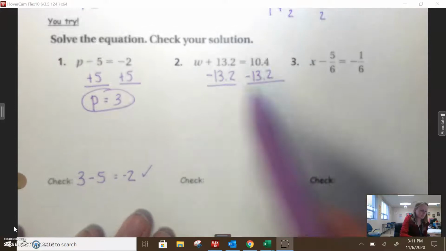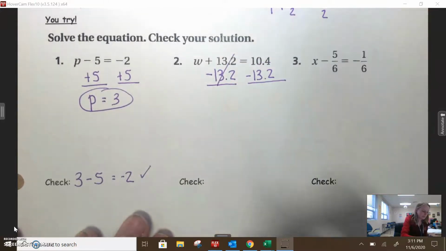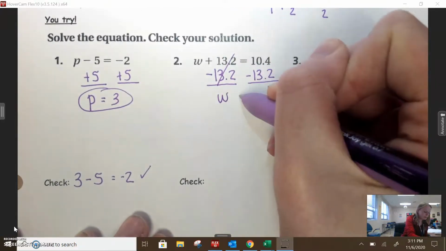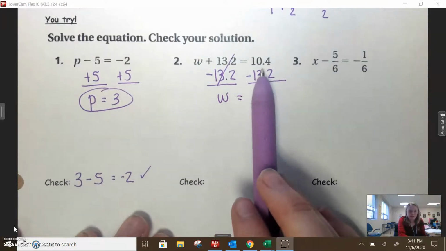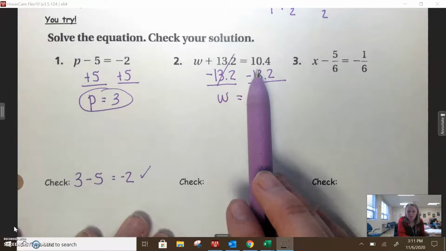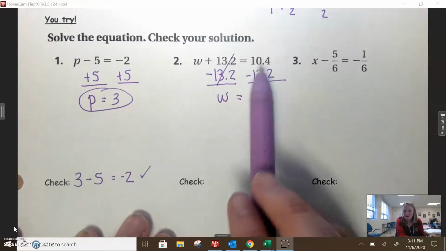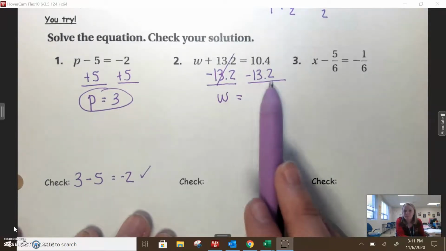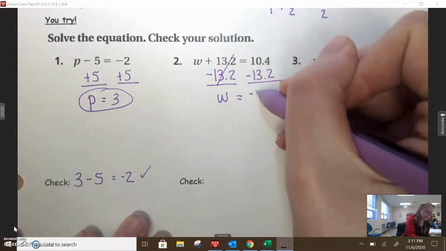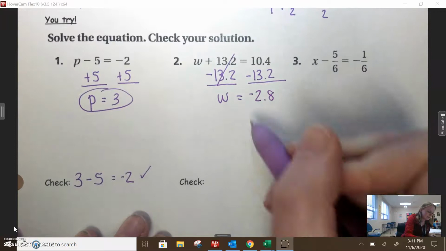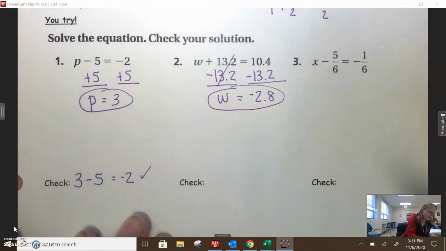So 13.2 minus 13.2, those cancel each other out. I'm left with w. The equal sign stays in the middle. Now you might need to use a calculator for this, or you need to figure out how to subtract again. But 10.4 minus 13.2, okay, that's actually going to get me -2.8. And so this will be my final answer.